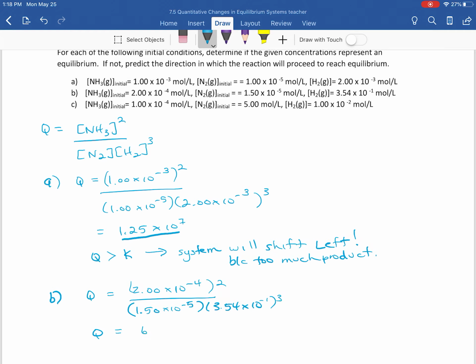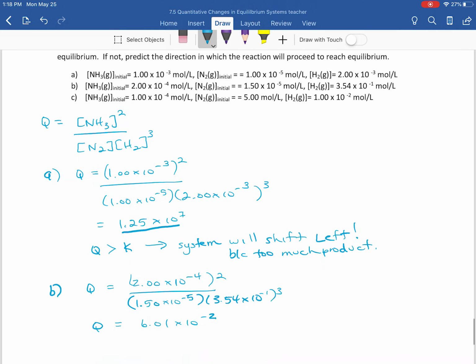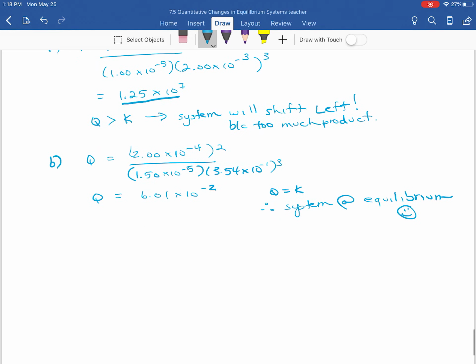When I plug all this into my calculator, I get this value, and in this situation, you betcha, Q equals K. So therefore, the system is at equilibrium. I don't know why I write a happy face. Just because it's at equilibrium doesn't mean it's awesome. But we'll go with it.